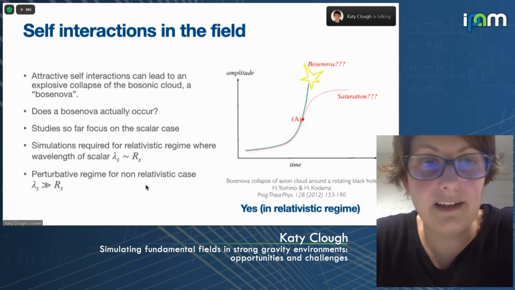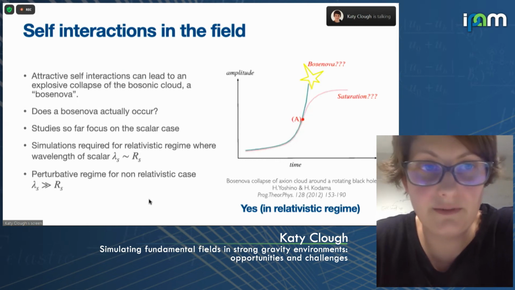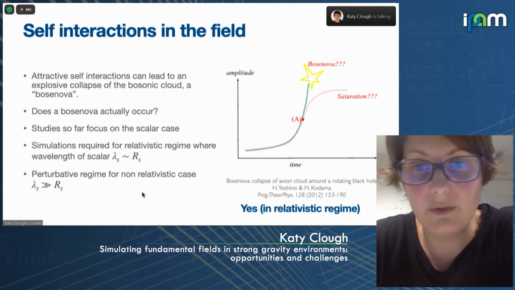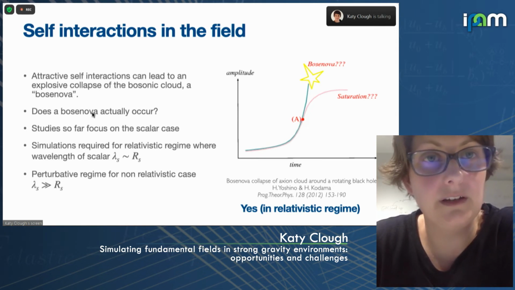So a second interesting question that we've been considering is regarding self-interactions in the field. So this is a subject with quite a long history, going back to these papers by Yoshino and Kodama back in 2012, where they suggested this very interesting thing that if you had attractive self-interactions in a bosonic cloud, you could actually have a bosenova, which is something that occurs in condensed matter systems as well.